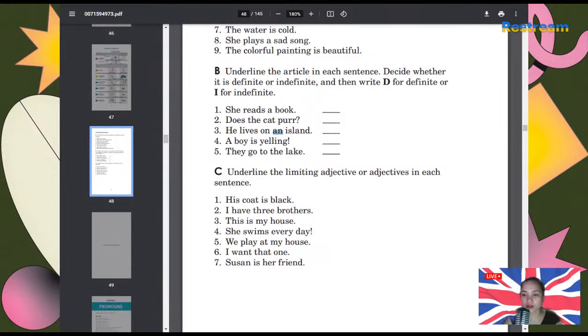So next one, number four. So let's see, a boy is yelling. A boy is yelling. So what is the article here?